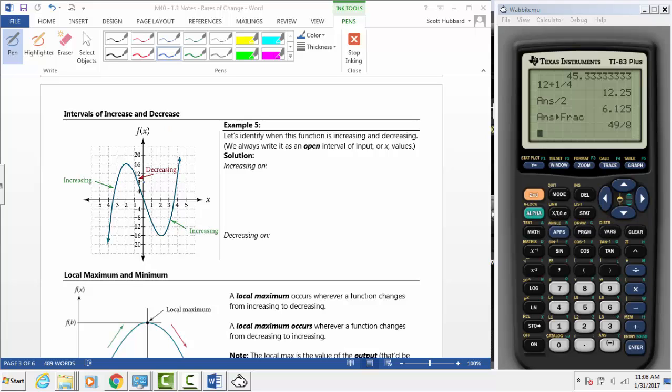when a function increases and when a function decreases. All that means is that, okay, if we look at this function, it's really curvy, right? This is some type of cubic function or fifth degree function or something like that. So it increases. What does that mean?